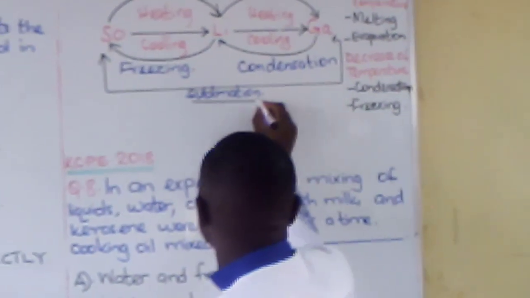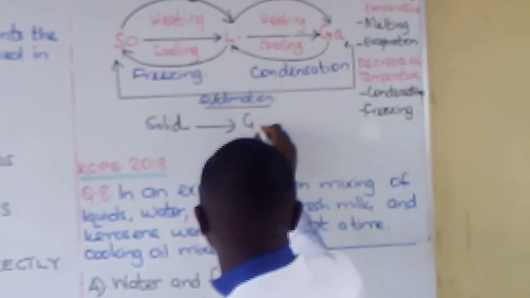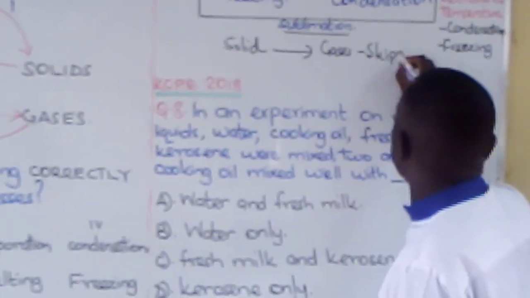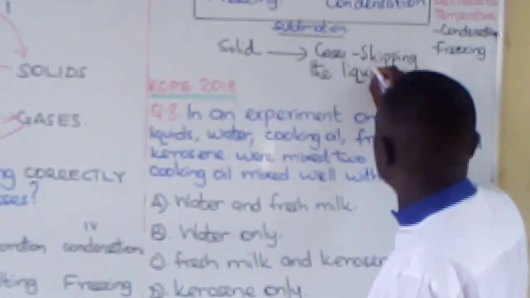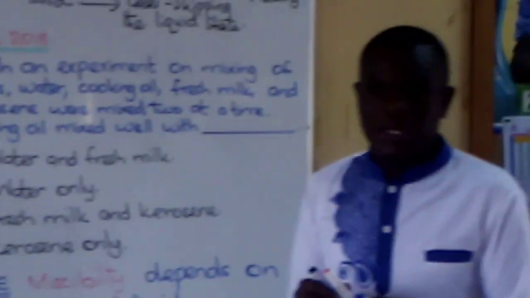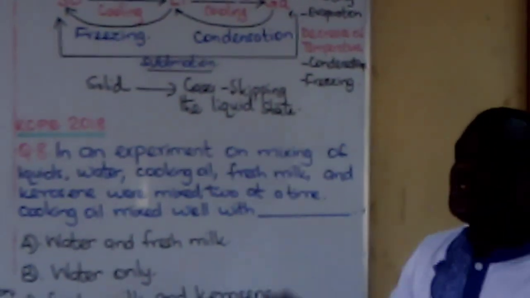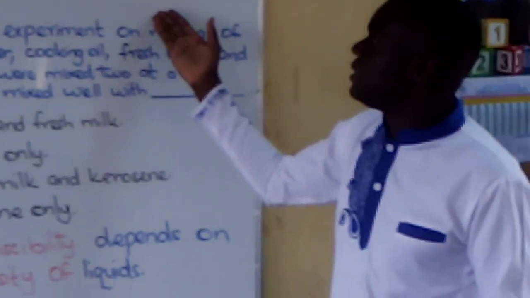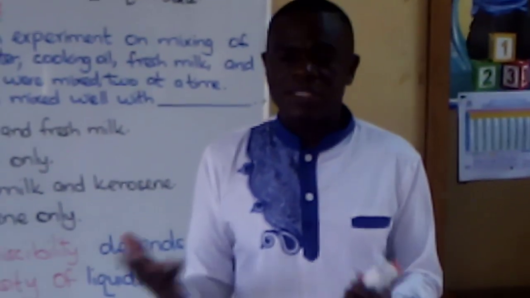So some solids, not all solids, change their state from solids to gases directly, skipping the liquid state. That process is known as sublimation. Have you understood that?